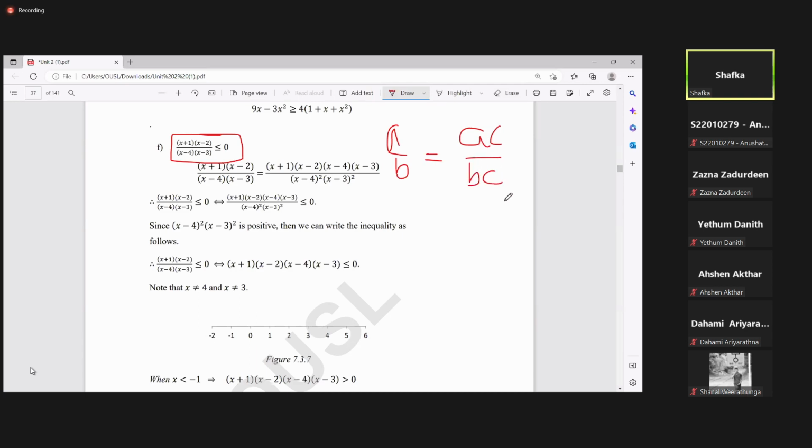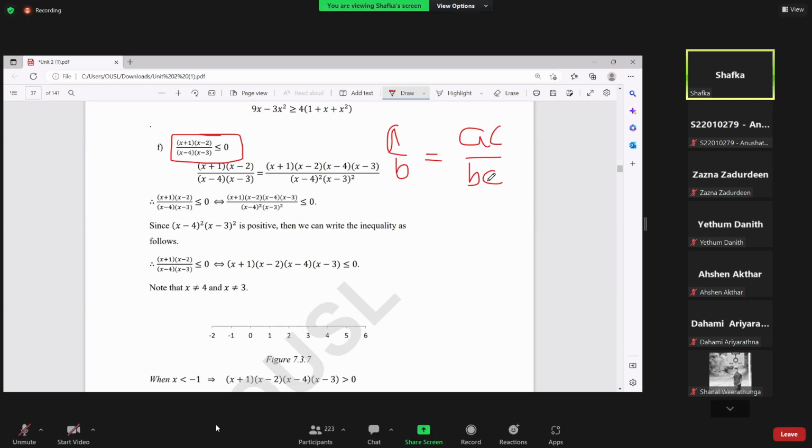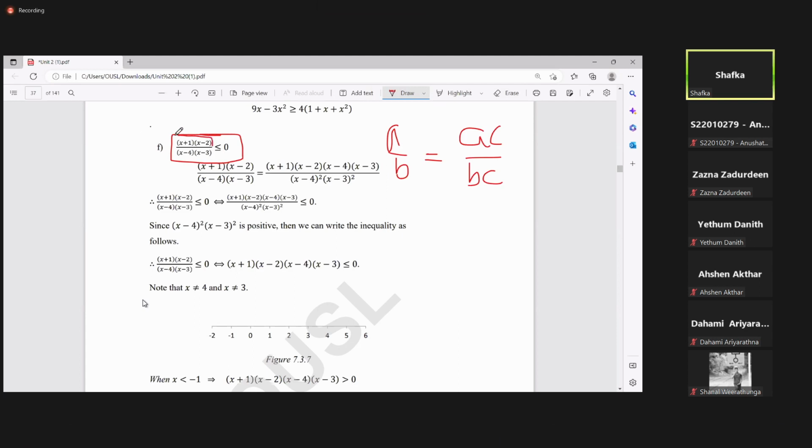Isn't it? So we can make this fraction the same by multiplying numerator and denominator by x minus 4 and x minus 3.